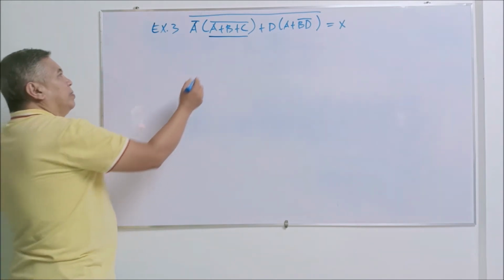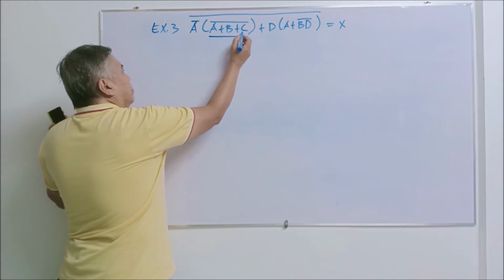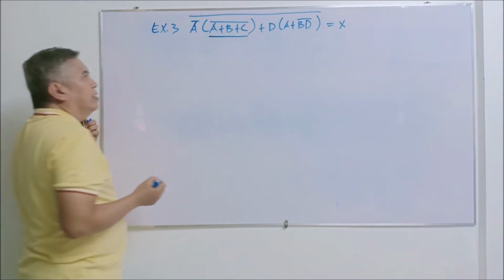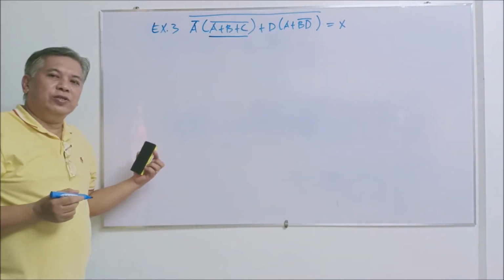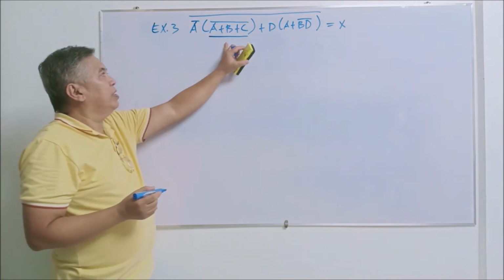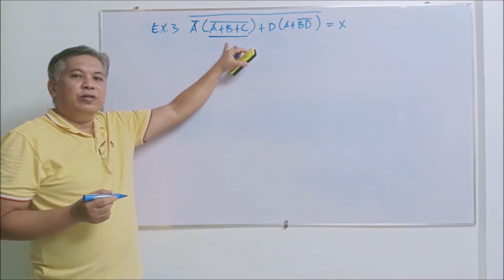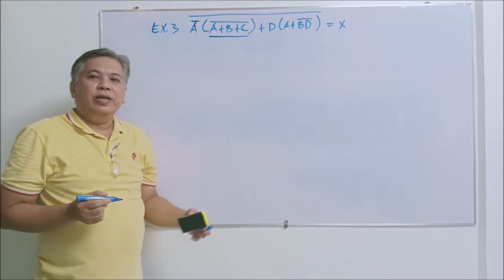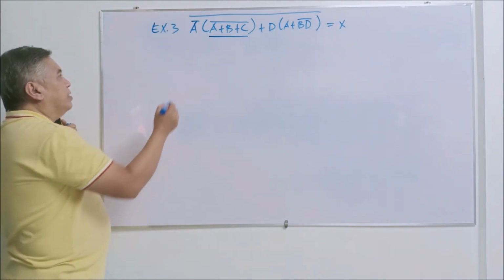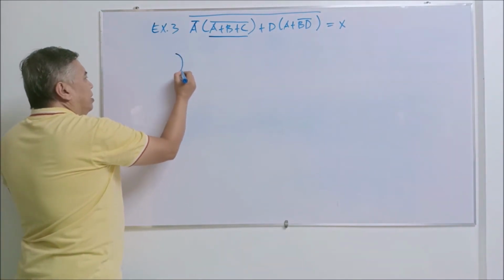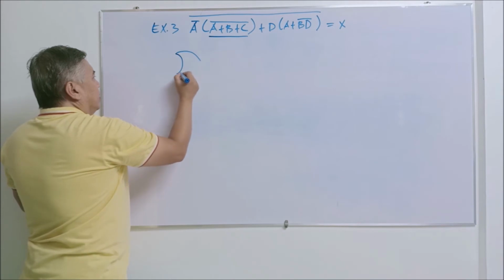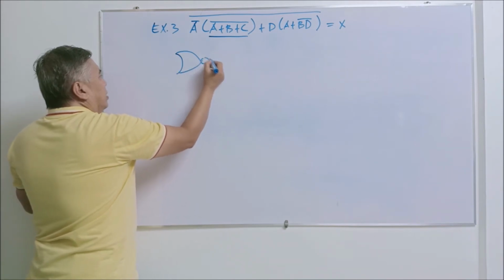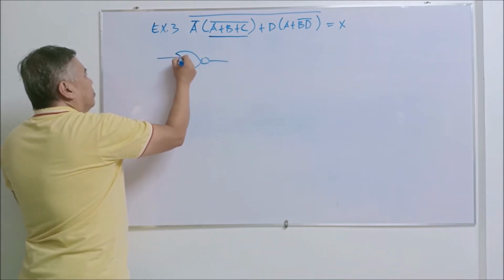So in this case, you have A plus B plus C complement. Now, from our previous discussion, this particular equation can be represented by a NOR gate, no? So we have here a NOR gate. Okay, a NOR gate has a bubble at the output part.